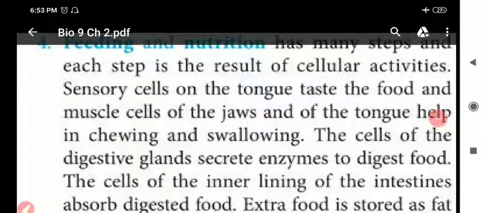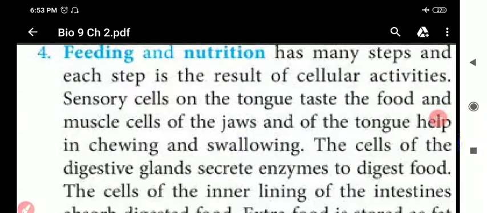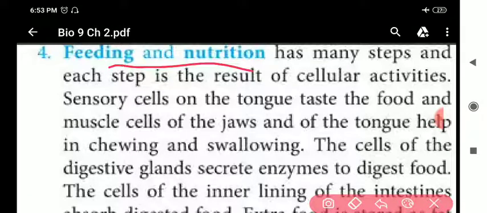Next, my dear students, you can see other examples, feeding and nutrition. For feeding and nutrition also several organs are required. Those organs are made up of tissues, and tissues are made up of cells. Clear? Did all of you understand this one?